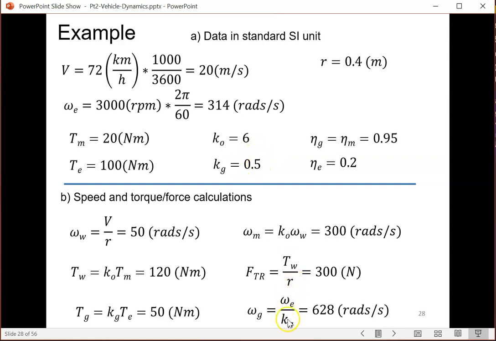So omega E divided by 0.5 will give me 628 radians per second. So you see, given all these parameters, I can work out a lot of other parameters. All I've done here is use gear ratio relationships, the conversion between rotational velocity and forward velocity, and the force and torque relationship of the wheel. That's all I've used.